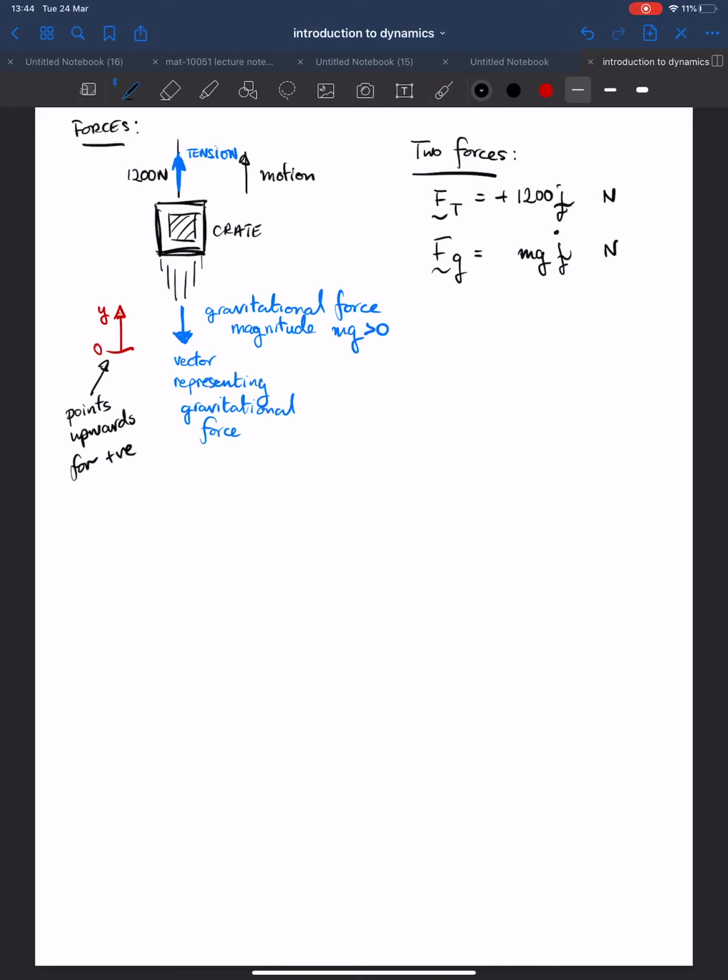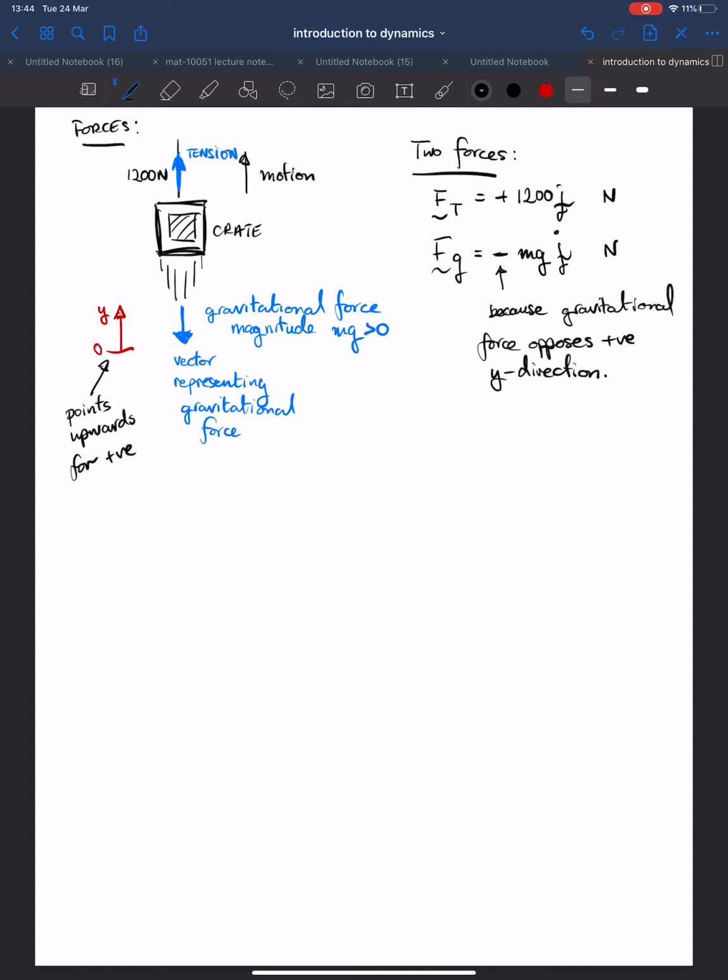Gravity acts downwards, so we introduce the minus because the gravitational force opposes the positive y direction. Now, very good.